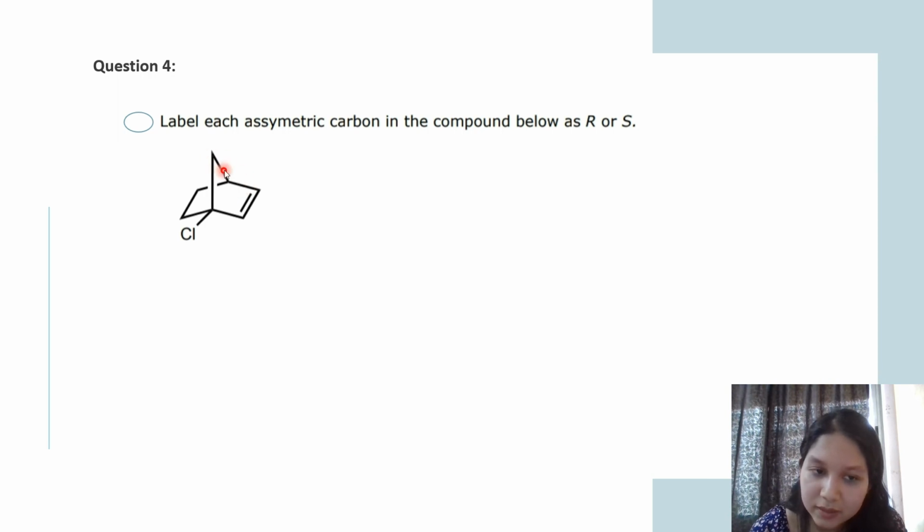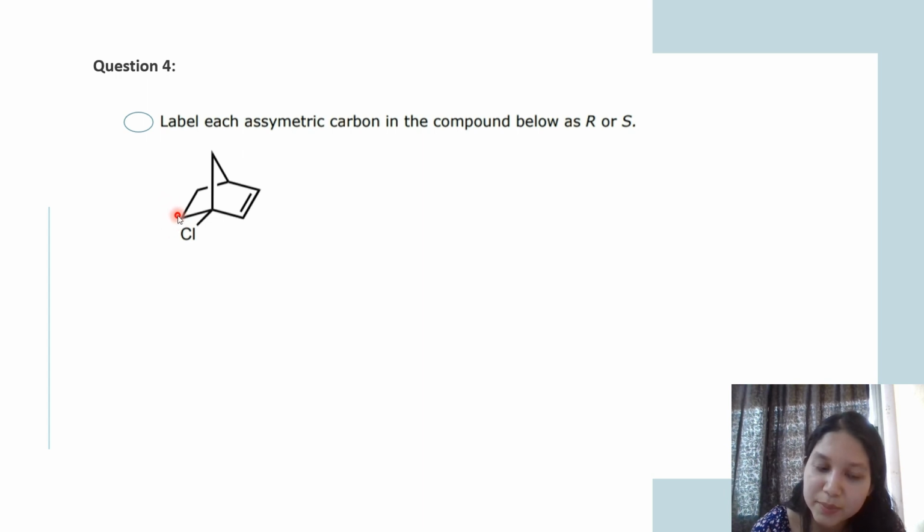Now we have this one as second priority, because between these two we have CH2 here and also CH2 here, but if we look at the next atom present, moving along this way versus this way, we have here 1 chlorine atom, but here we have only 2 hydrogen atoms.